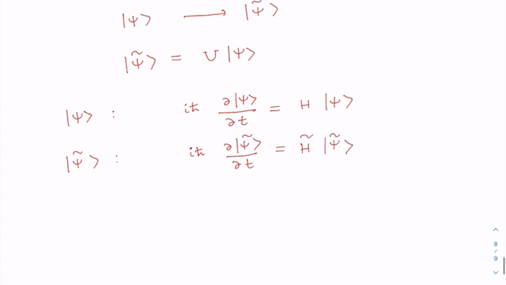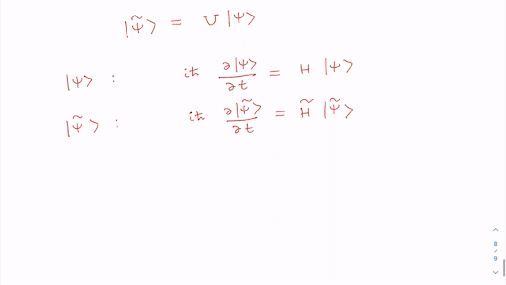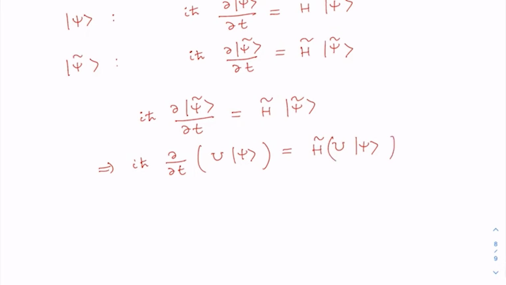I want to know how this H tilde is related to the old Hamiltonian. That we can do easily. Let me show you how to find that relation. I have iħ ∂ψ tilde/∂t is equal to H tilde ψ tilde. Let me now use this transformation: ∂/∂t of Uψ is equal to H tilde Uψ.